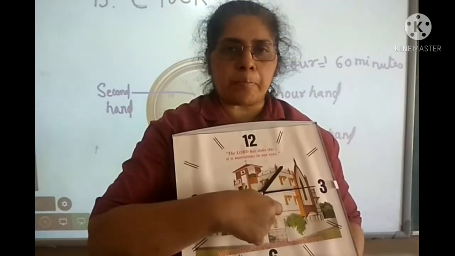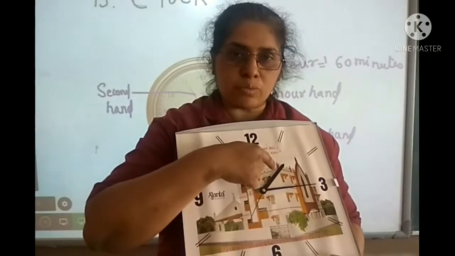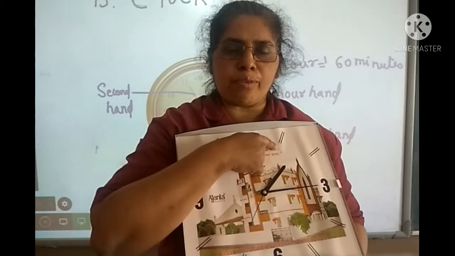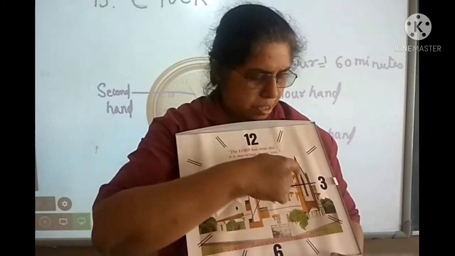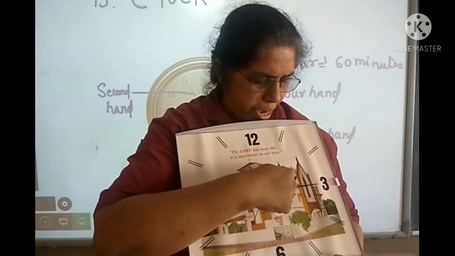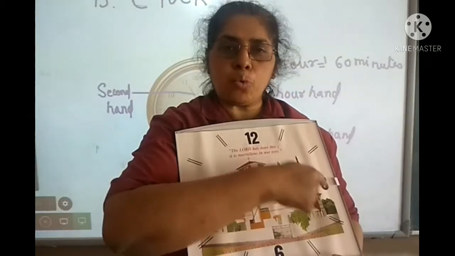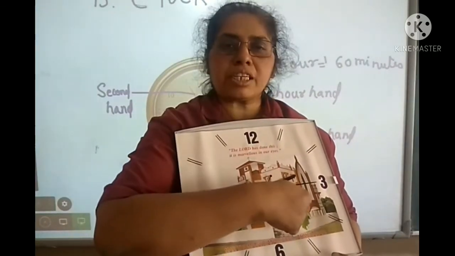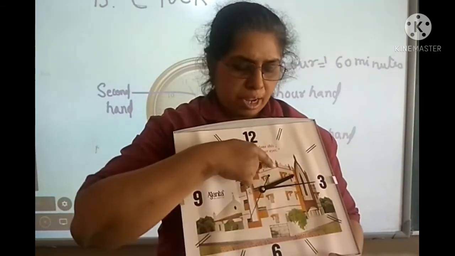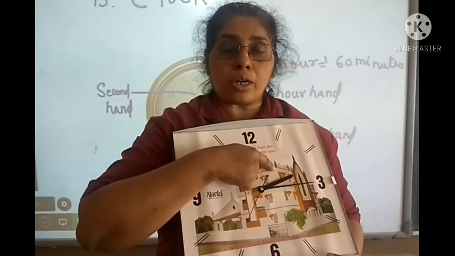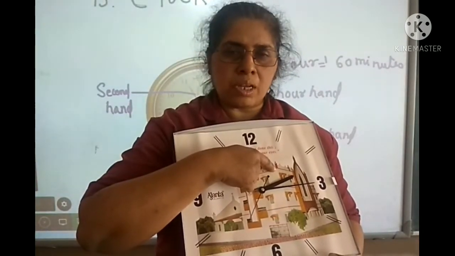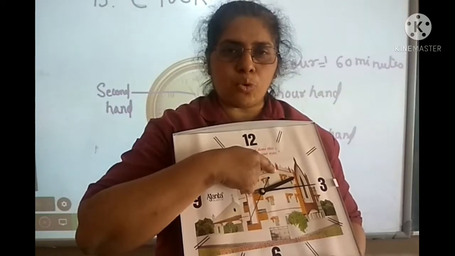That is quarter past. When the hour hand is between 2 and 3 and the minute hand is on 3, that means quarter past 2. Quarter past 2 means 2:15.